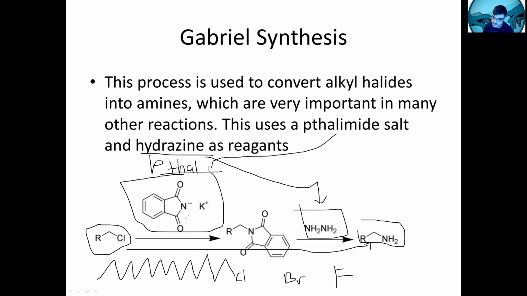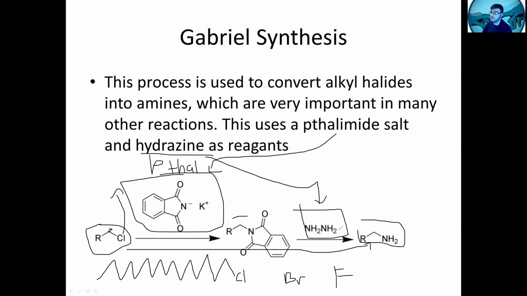Essentially, you just replace the halide with an NH2 group, turning it into amine. And the way this works is very simple. Cl is a very good leaving group, so the Cl will come off very easily. This will have a partial positive charge because the Cl came off this carbon right here. This nitrogen has a negative charge because it's a salt. It'll attach into the place of this chlorine, like as you can see right here.